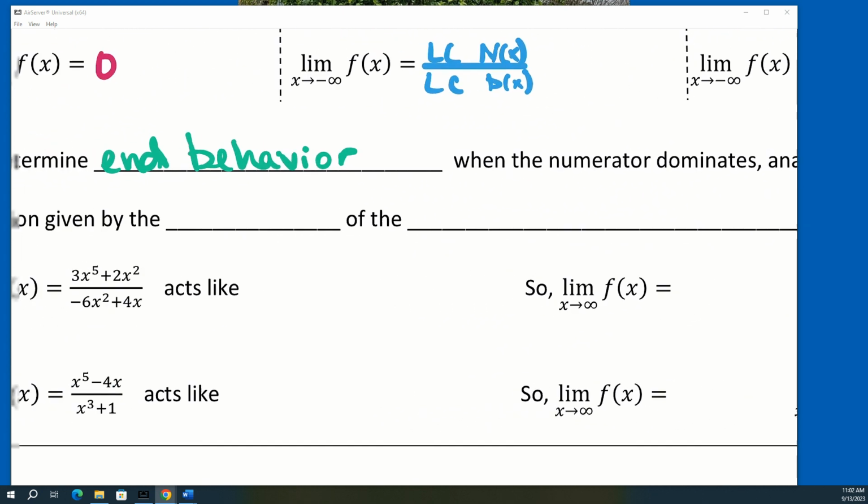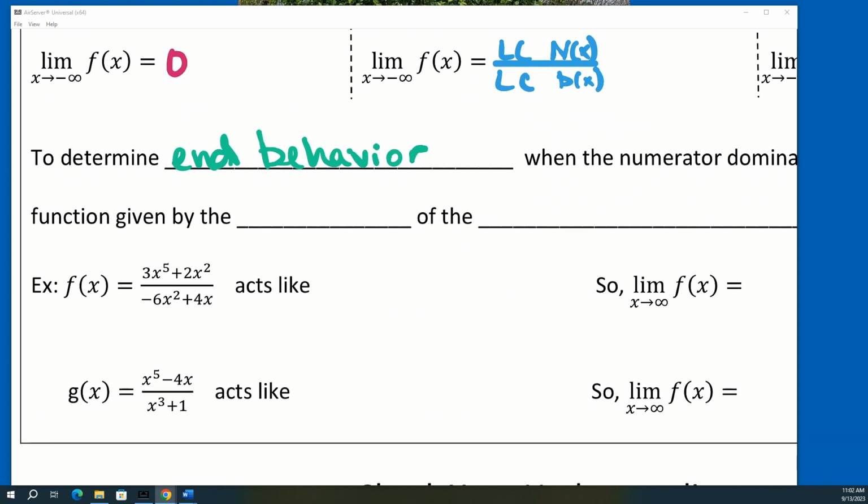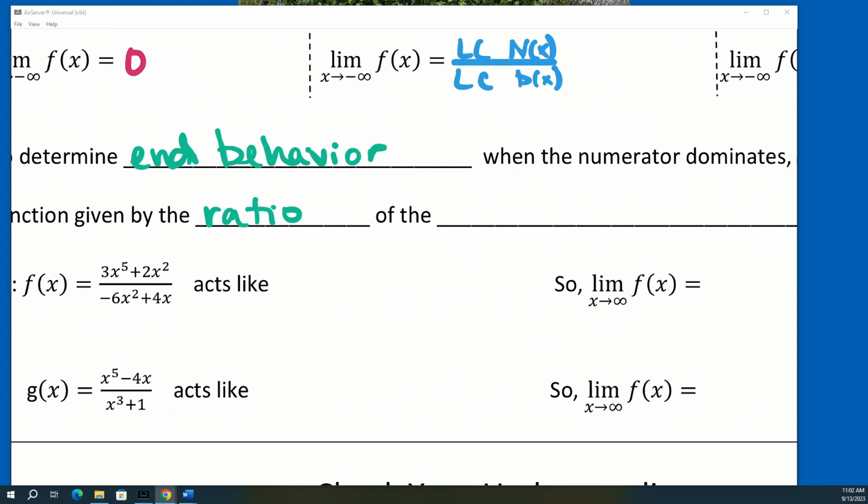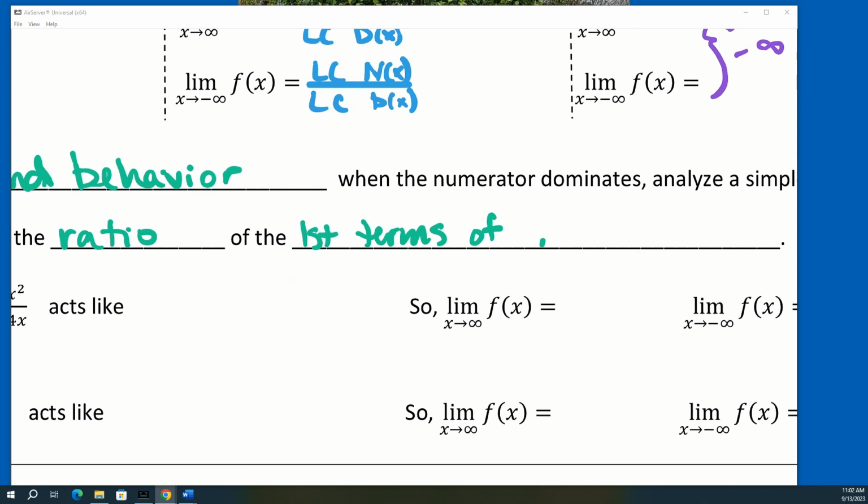What we'll do is analyze a simpler function given by the ratio of the first terms of the numerator and denominator.